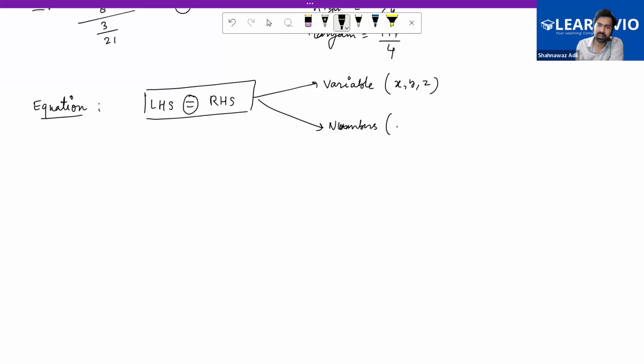Numbers generally are 1, 2, 3, or they can be A, B, C also. So this is how we represent some equation. And then we have this linear equation in one variable.